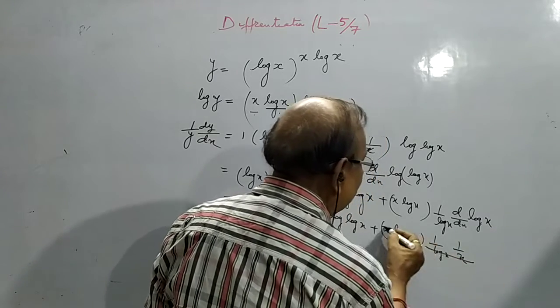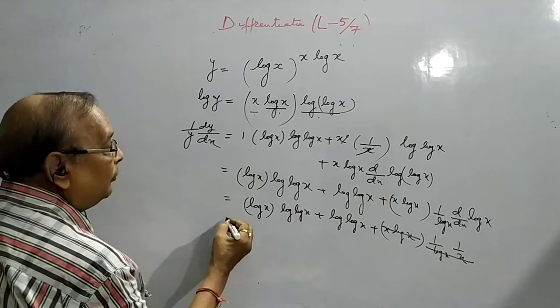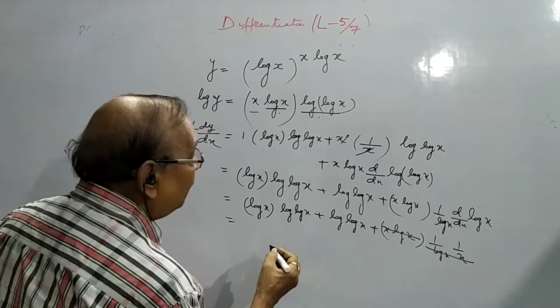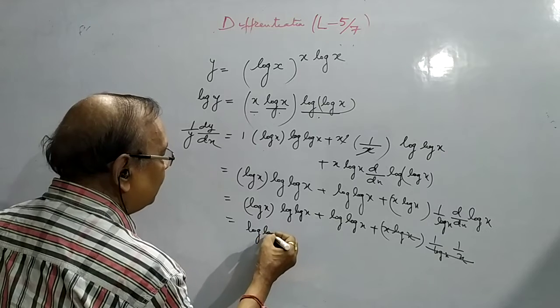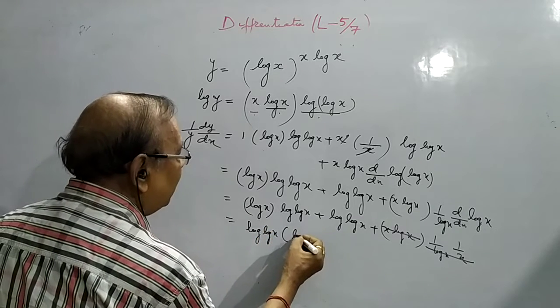The whole will cancel out. That is, we may take log x common into log x plus log x.